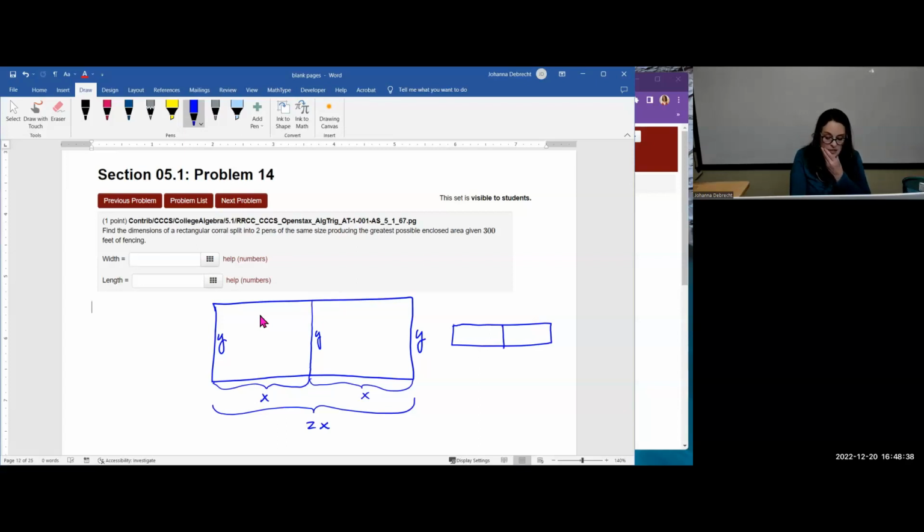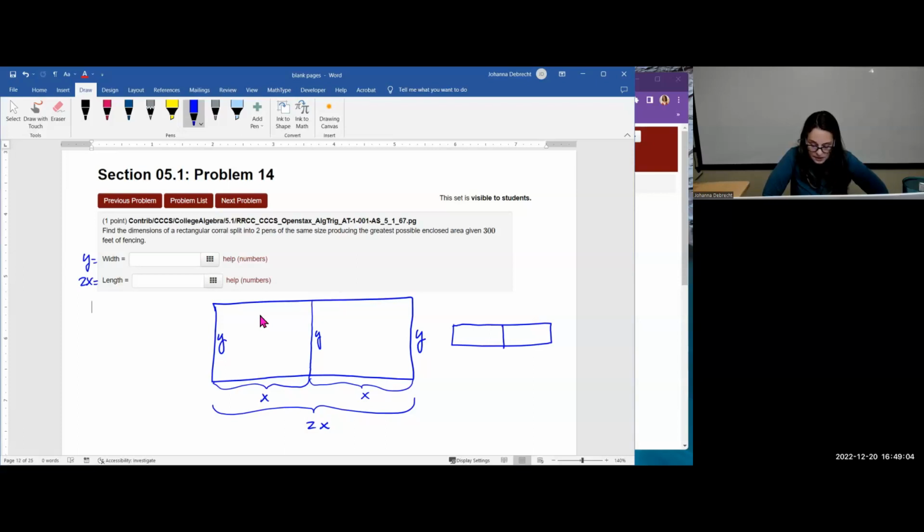So find the dimensions. According to my picture, my width is y, and my length is actually 2x, right? So now I know what the dimensions should be of a rectangular corral. I've taken care of that.